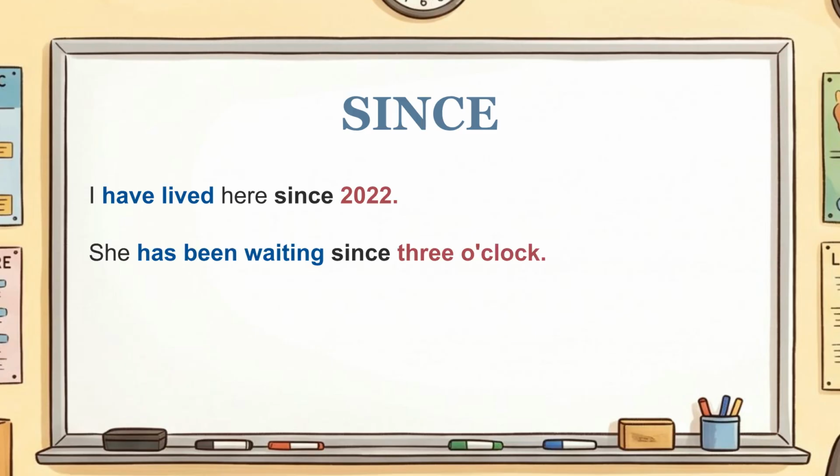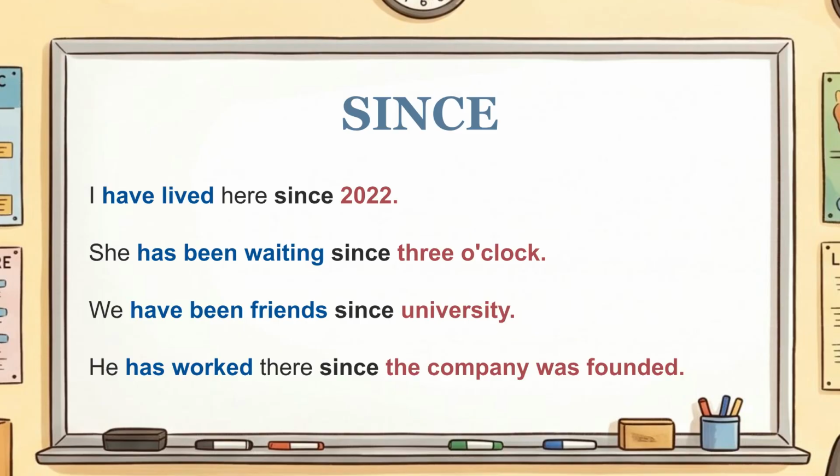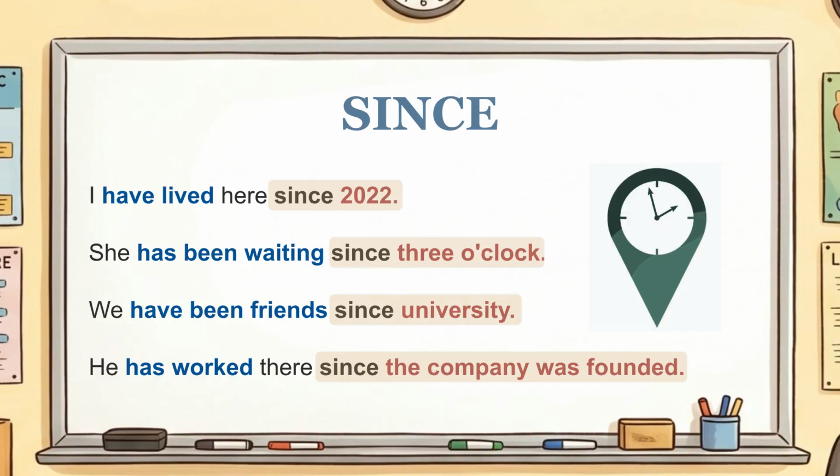She has been waiting since 3 o'clock. We have been friends since university. He has worked there since the company was founded. Since 2022, since 3 o'clock, since university, since the company was founded. All of these are moments, specific points on a timeline, not lengths of time.